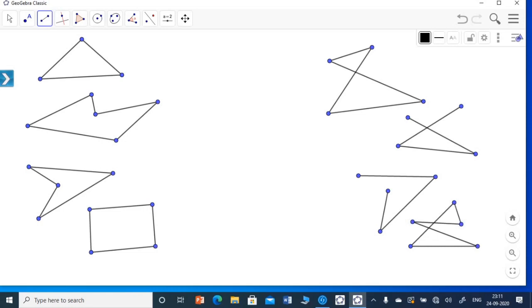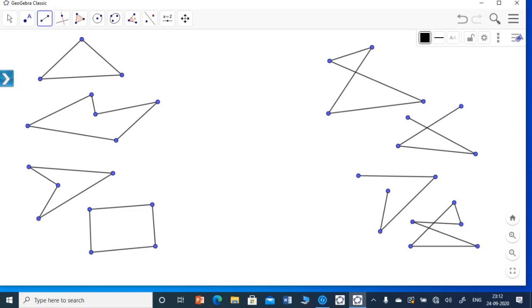Observe the difference between the first set of figures that are on the left side and the second set of figures there on the right side. In the first set, we have all closed figures and they are made of line segments, and they are simple because lines are not intersecting.